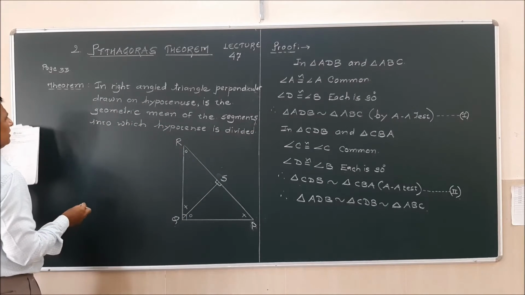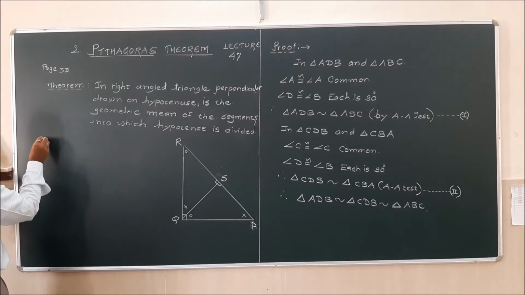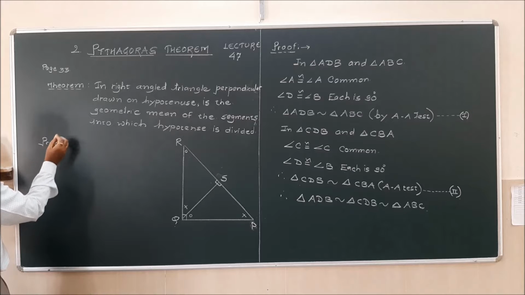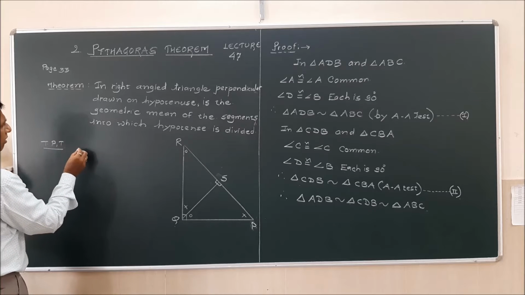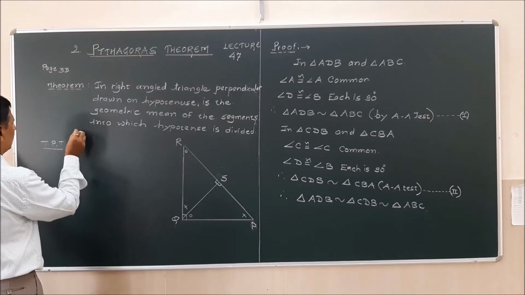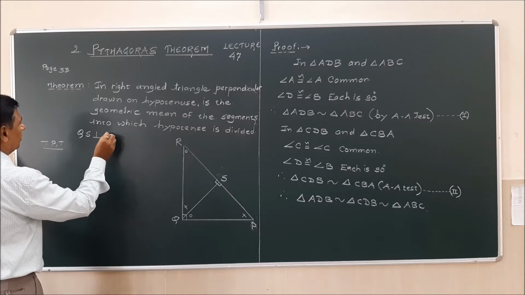Then you will notice over here, proof. Before that, to prove that, I will not give many things now. Given is very simple. QS is perpendicular on PR.